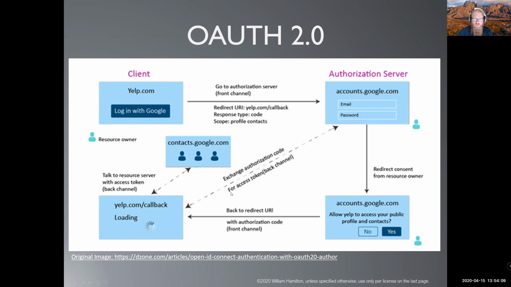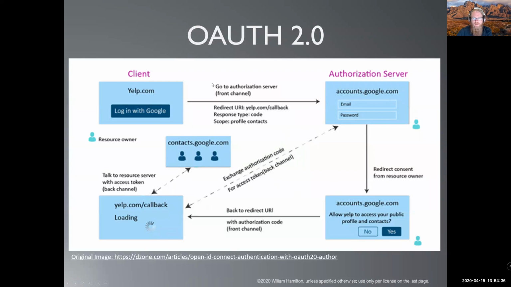So I could potentially use my access token to look at my Gmail contacts from Google, or different pieces of information. I could maybe use that to look at the documents that I have in Google Drive or something like that, if I requested those particular permissions, which is usually called a scope.